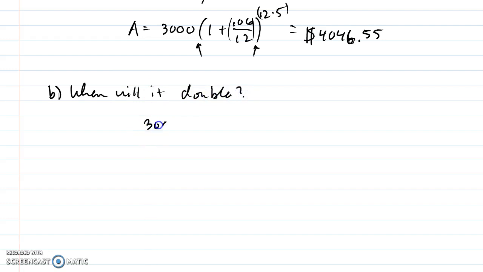The question might also be, when will it double? The question is, when will this equal 6,000? So here's how I'd work through it. First of all, I would divide by 3,000.